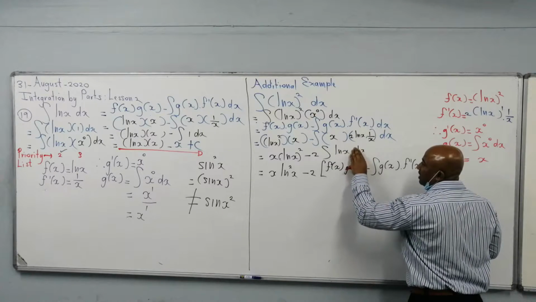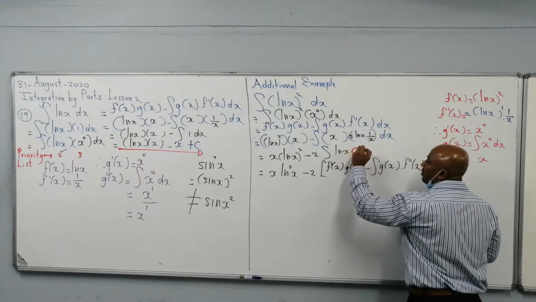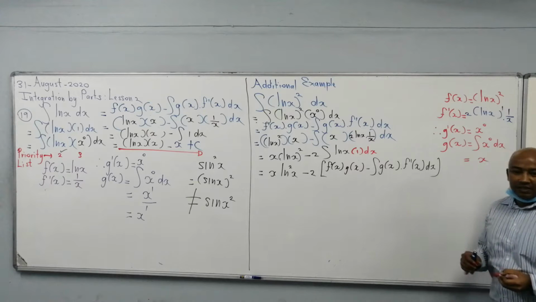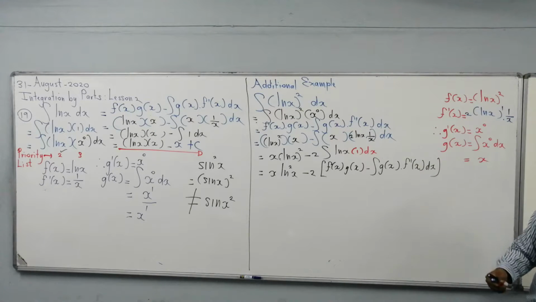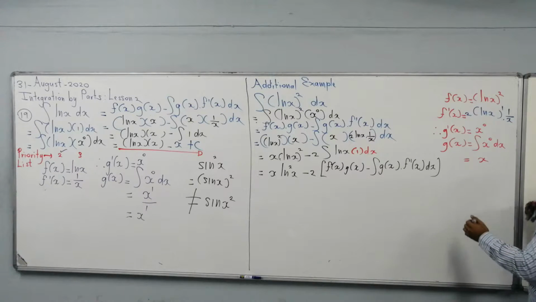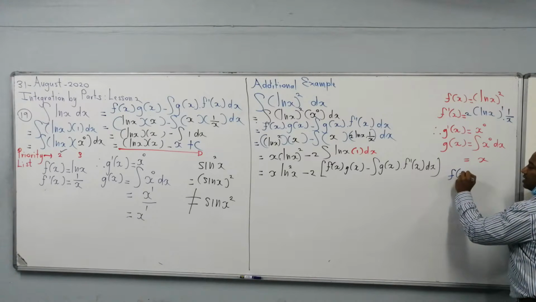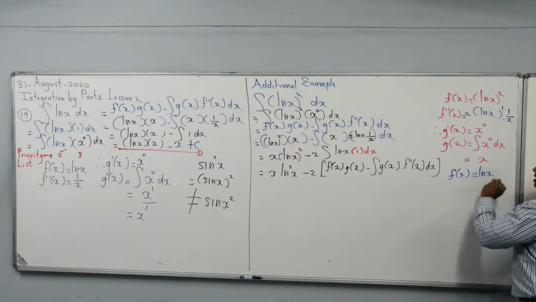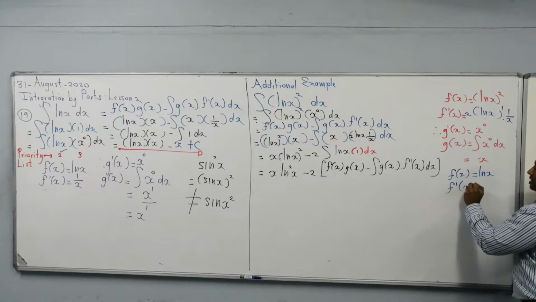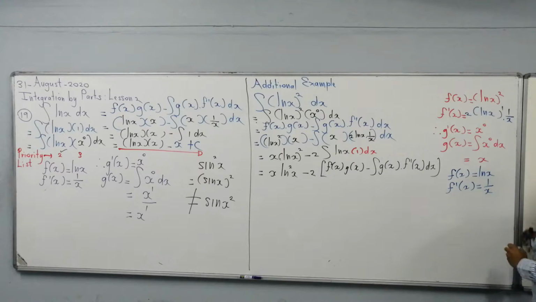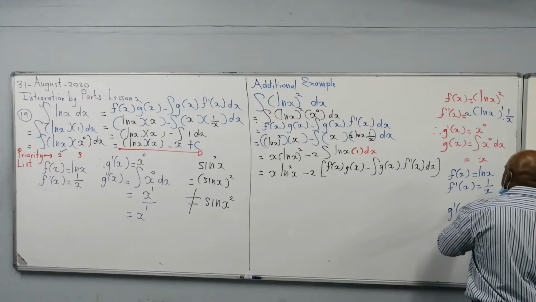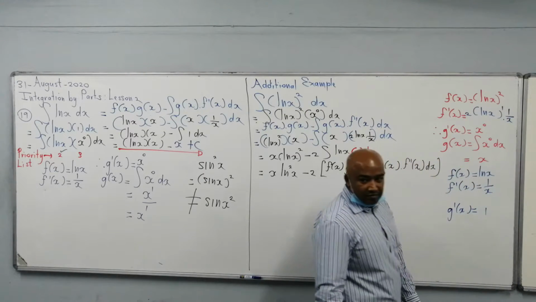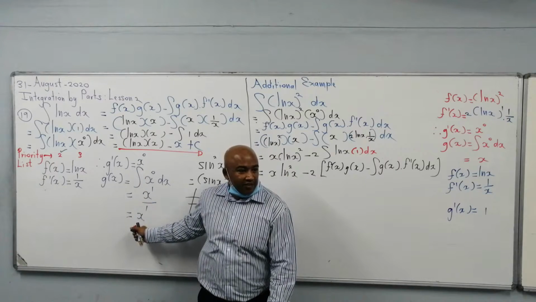So ln x, I'm going to write it as multiply by 1. Okay, so you know how we integrated x, I multiplied x by 1. You wrote down 1 as x to the power 0. So my f of x is going to be ln x, so f prime x is 1 over x, g prime x is 1. Basically, I'm copying down everything that I just have here.